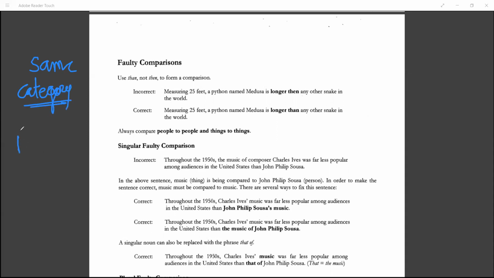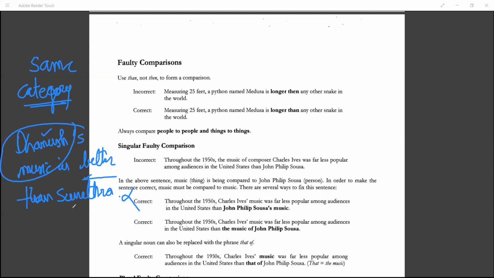For example, Dhanush's music is better than Sunetra. Normally, we think that this sentence is correct, but it is actually wrong. Why? Because we are not comparing Dhanush and Sunetra. We are comparing Dhanush's music with Sunetra.